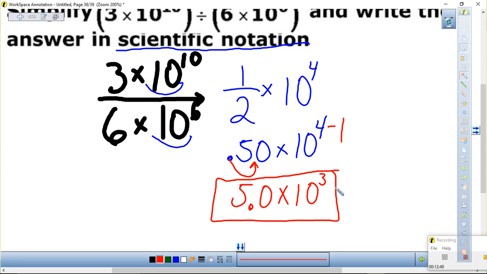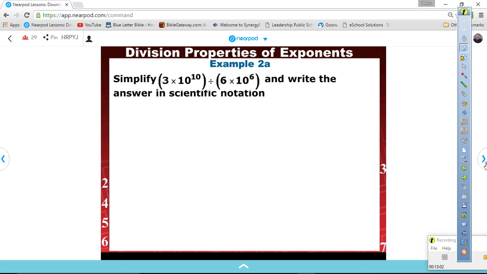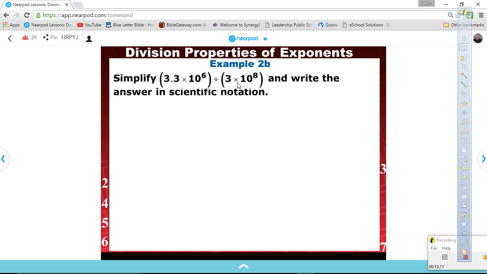Everybody got it? All right, copy this next one on your paper, but then I'm going to push the blank screen on your iPad so you can do the work on the iPad and send me the answer. Copy this one on your paper. 3.3 times 10 to the 6th divided by 3 times 10 to the 8th.